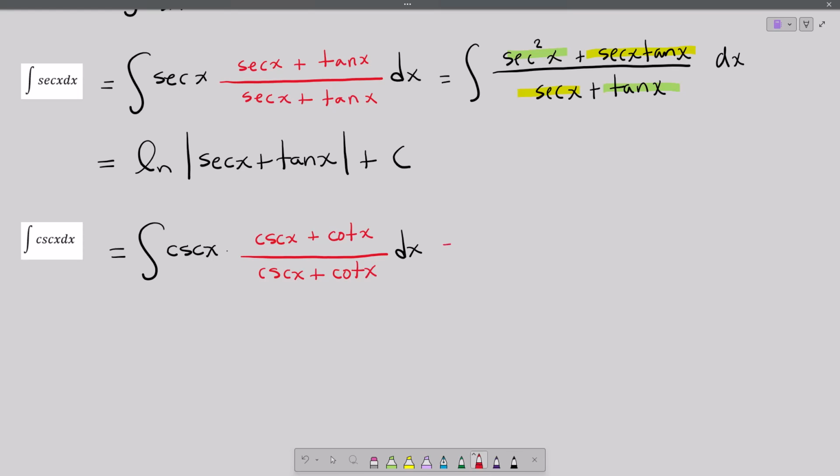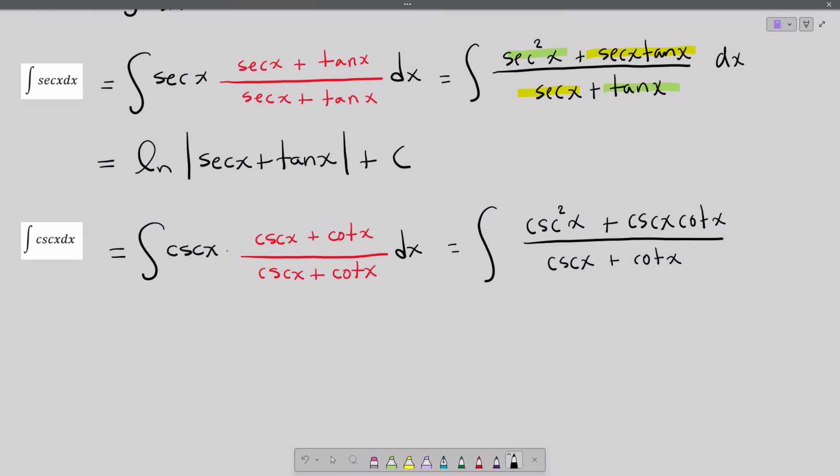So first, let's multiply out the numerator and see if we're in log form or if we have to do a little bit more work. So cosecant squared of x plus cosecant cotangent. There's our numerator. Denominator is cosecant plus cotangent dx.